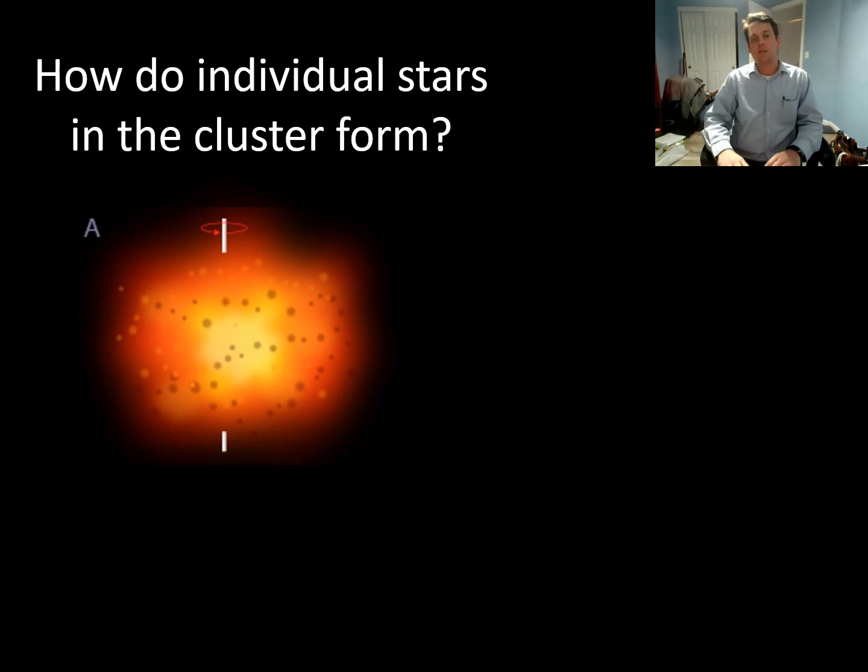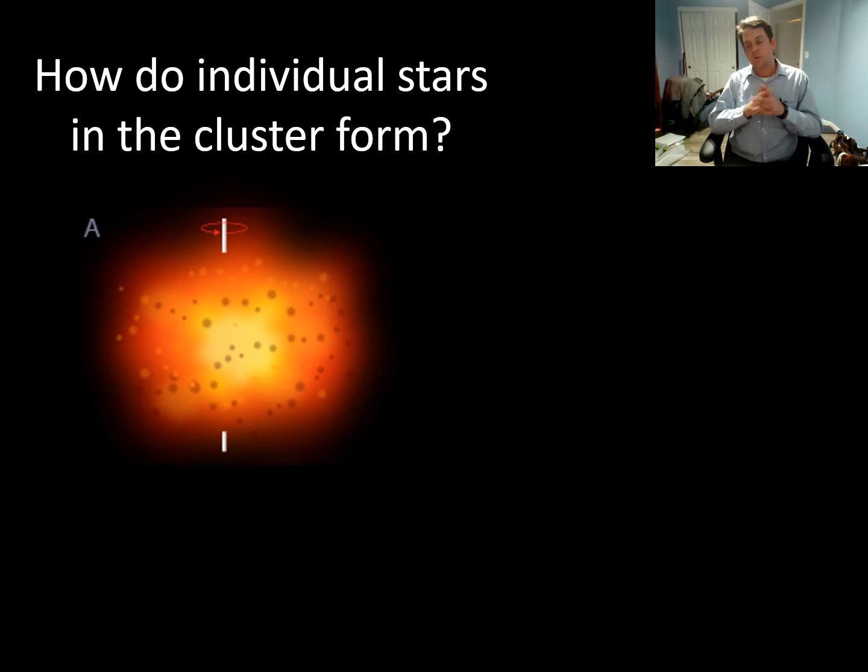So let's now say a little bit more about individual stars in that cluster. The first thing that I want to say is something that I've mentioned before in the context of solar system formation, even at the little that we said about that in the beginning of the semester, but it's certainly true of stars as well. As things start to collapse, they never collapse perfectly symmetrically.